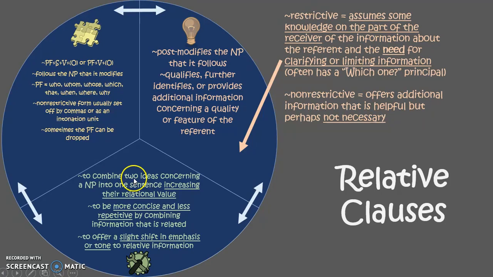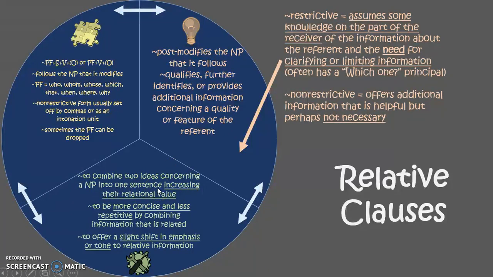why and when these relative clauses should be used. So one reason why we use relative clauses is to combine two ideas concerning a noun phrase into one sentence. And when we combine these two ideas about a noun phrase into a sentence, we increase their relational value.